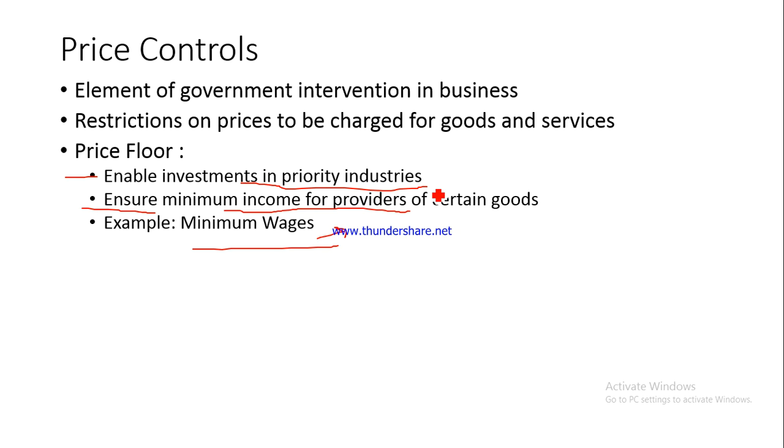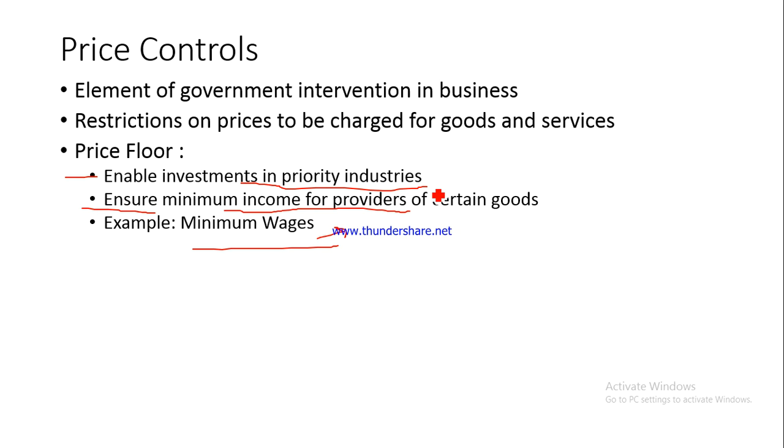So when the government sets the minimum price at which the products produced by that particular sector can be sold to the customers, this will assure the investors that since the minimum prices have been fixed, at least this is the minimum amount of return which they would be able to earn on their investment, and they would feel motivated to invest in that particular sector. So in that sense, the government also uses it as a carrot to attract the investors in a particular sector of the economy, which is a priority sector for the country, right?